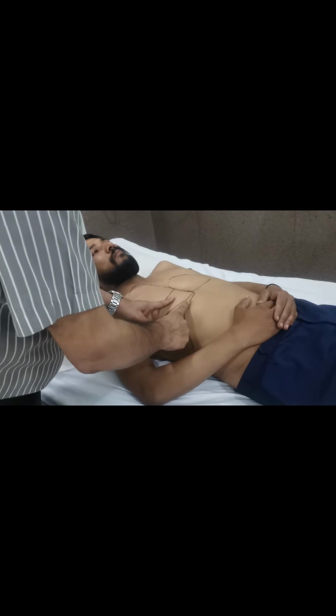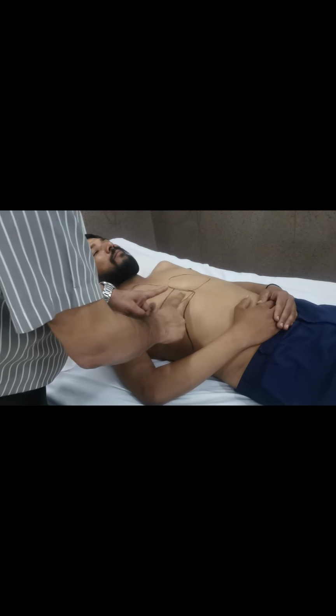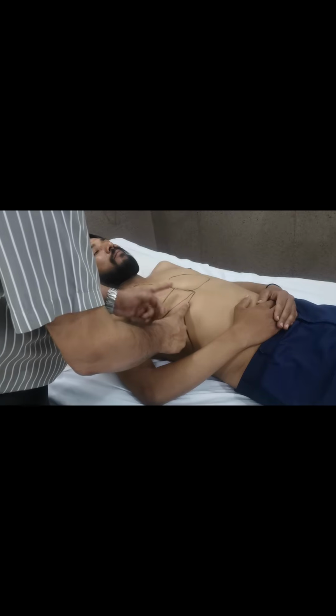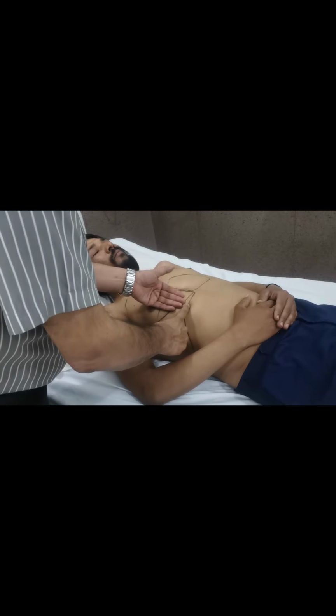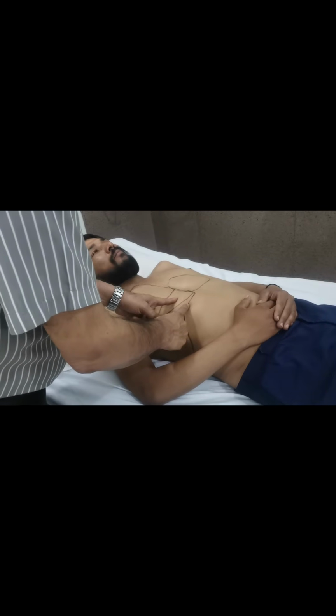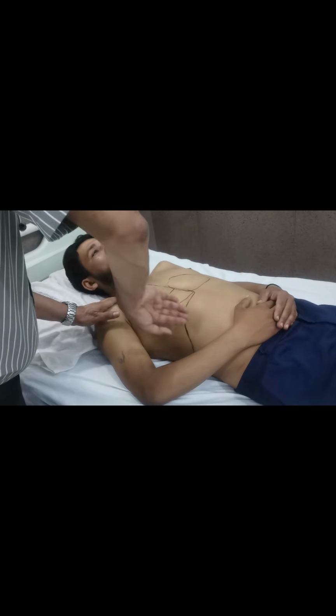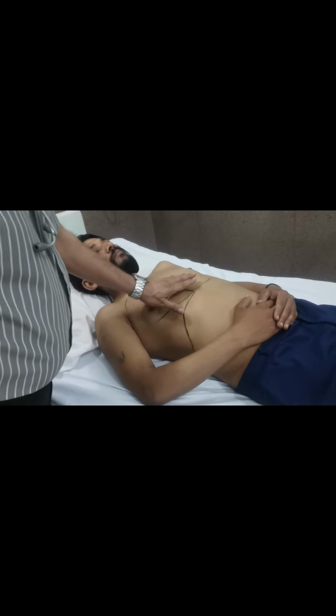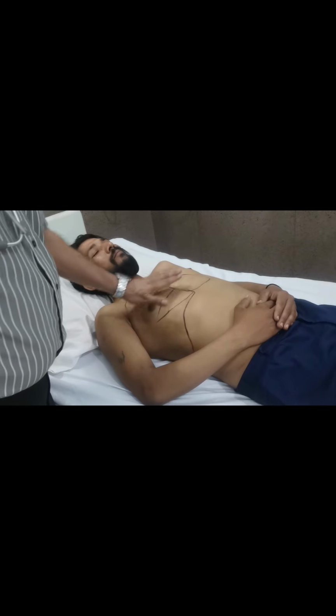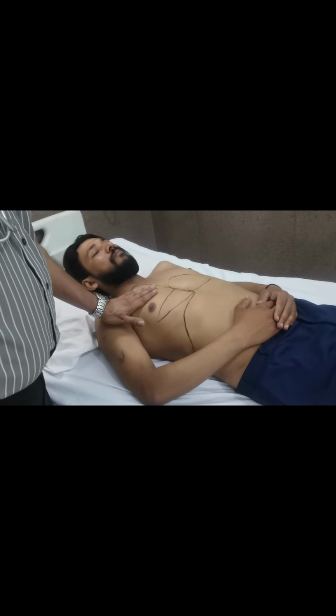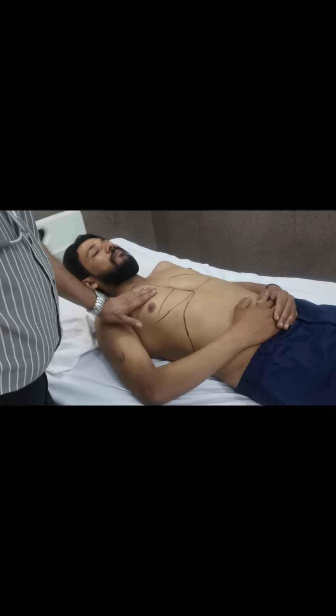This is the difference, or this is the line up to which the lungs come down, and this is where the dome of the diaphragm is because it is rounded and it goes up. So for the percussion of the upper border of the liver, the percussion should be heavy percussion.